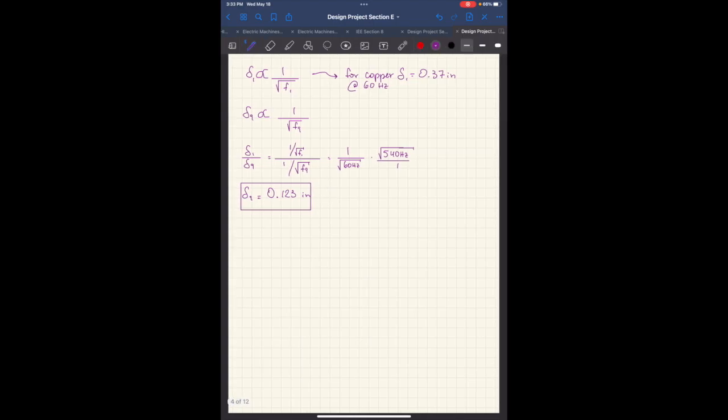So the diameter of each individual strand must be less than or equal to delta 9.